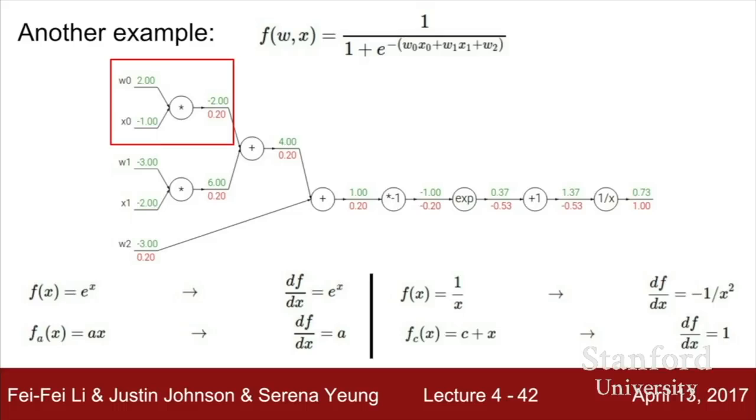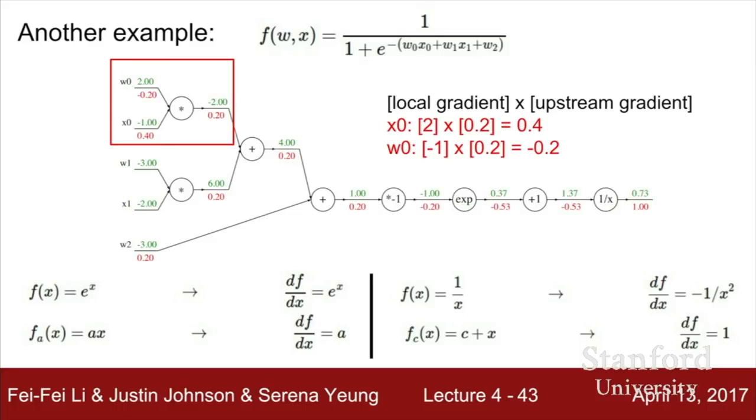I'm hearing minus 0.2, exactly. With respect to W0, we have our upstream gradient 0.2 times our value of x, which is -1, so we get -0.2. We can do the same thing for the gradient with respect to x0: it's 0.2 times the value of W0, which is 2, and we get 0.4.